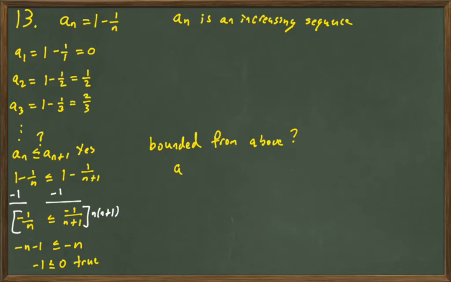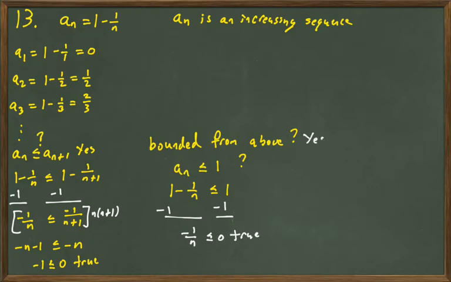The next one would be 3 fourths and then 5 sixths, etc. So is a sub n bounded from above by 1? Let's see if this is true. Is 1 minus 1 over n less than or equal to 1? Negative 1 over n, that's a negative number, less than 0. That's a true statement. So yes, this is bounded from above. So this is a bounded sequence from above.